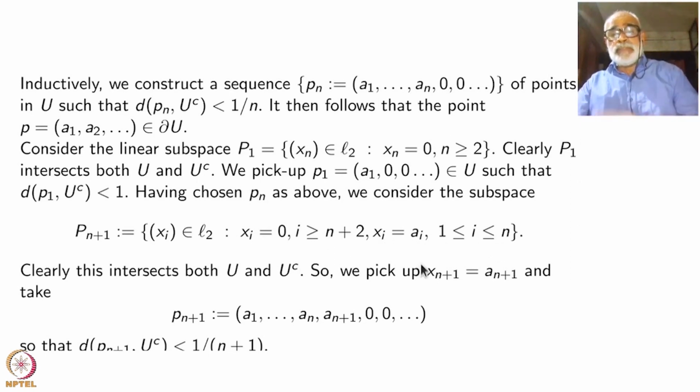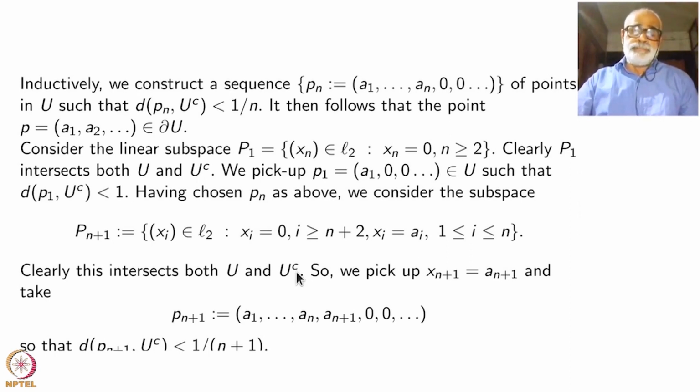This subspace is now just a line. If I fix all the first n coordinates, only the (n+1)th coordinate is free. That line will pass through the point (a1, a2, ..., an), and it will go out of U because U is bounded.